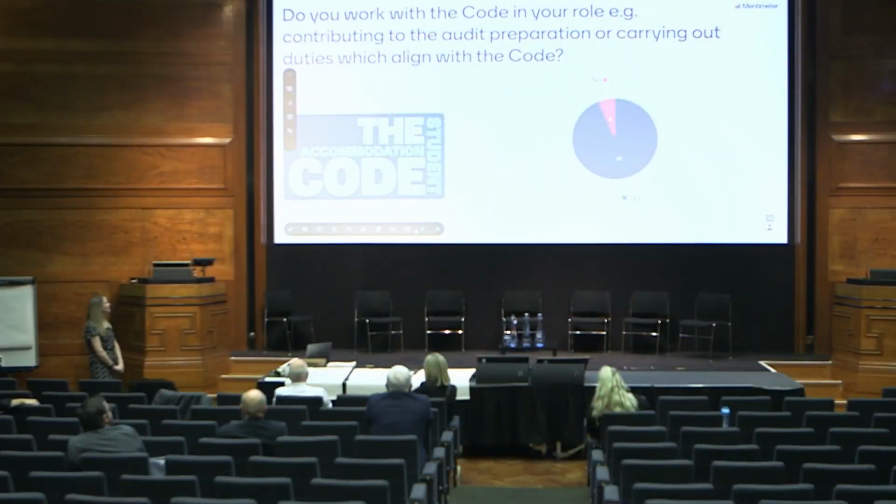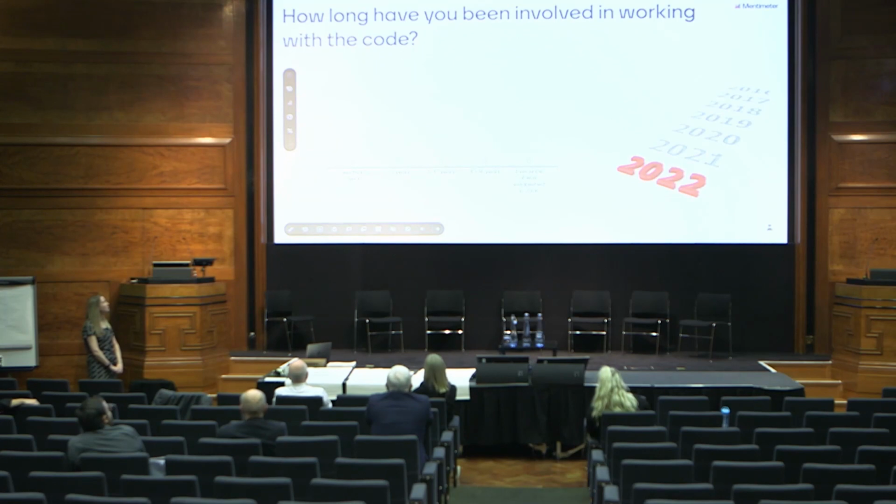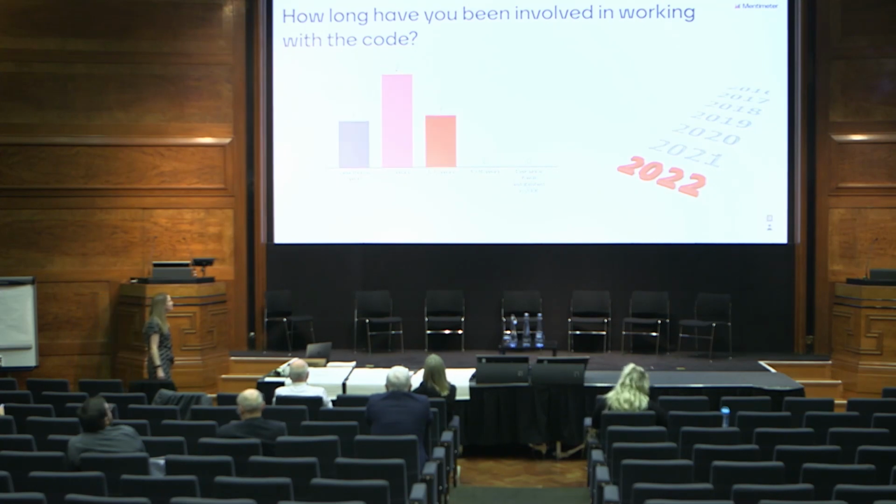And hopefully there'll be another question. So how long have you been working with the code? Oh. Some new people, 1 person less than a year. Wow, there's quite a few there. 4 people so far ever since it was established in 2006.